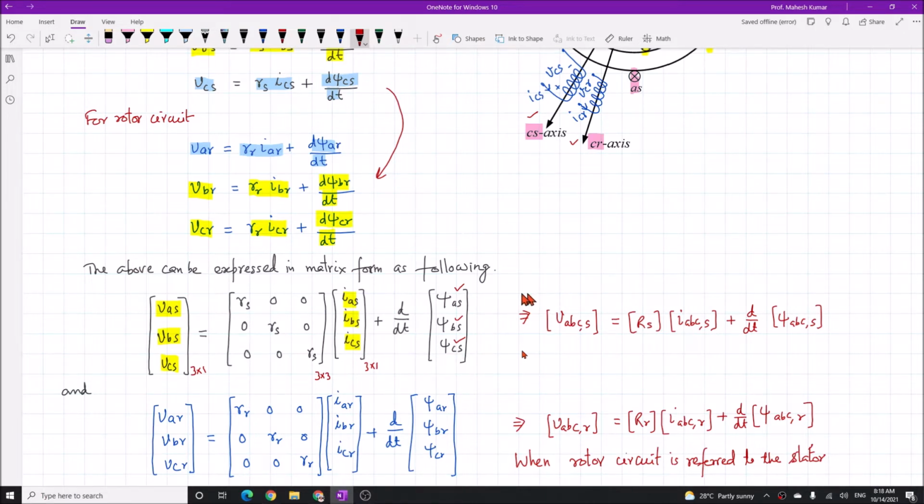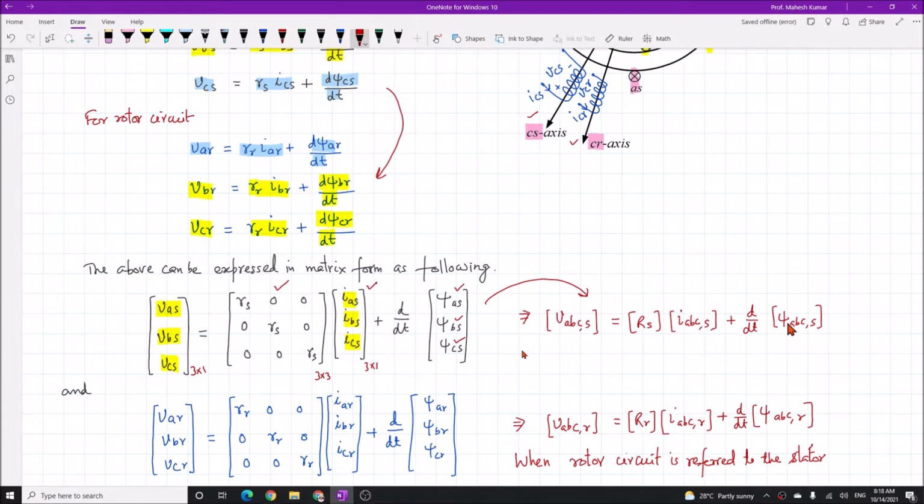In matrix form, this is written as VABCS. So this represents the column vector of VA, VB, VC. And RS is the resistance matrix, which is this matrix. Then again IABC is the column vector IAS, IBS, ICS.